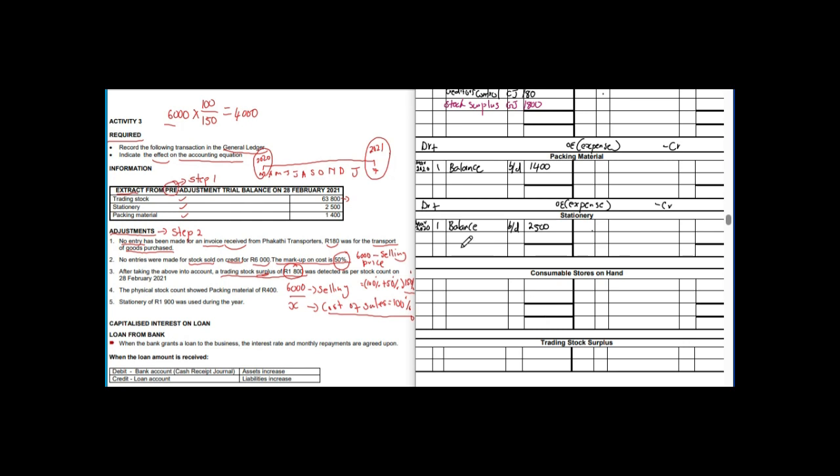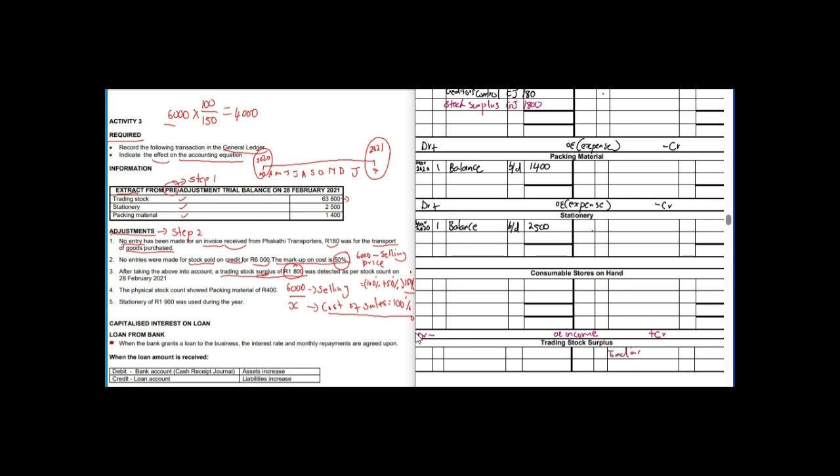Our trading stock surplus, we know that it's owner's equity and an income account, meaning all the incomes will increase under the credit side while they decrease under the debit side. One account is credited, meaning our trading stock surplus must be credited.